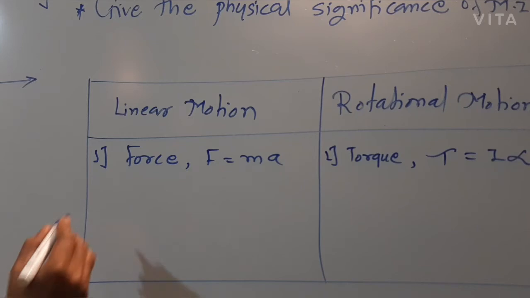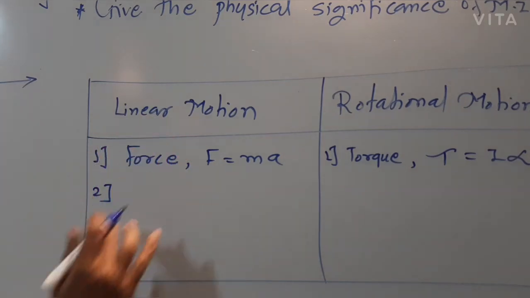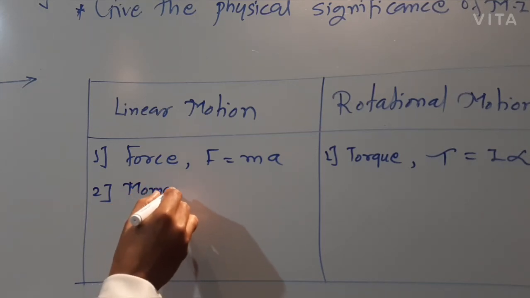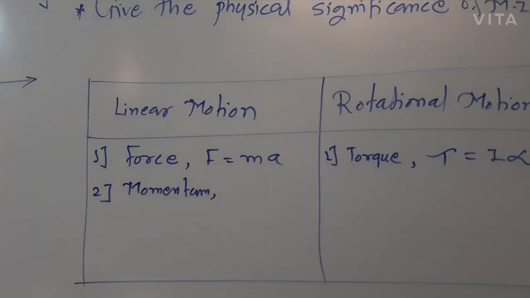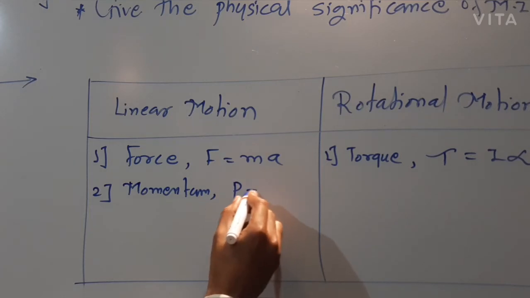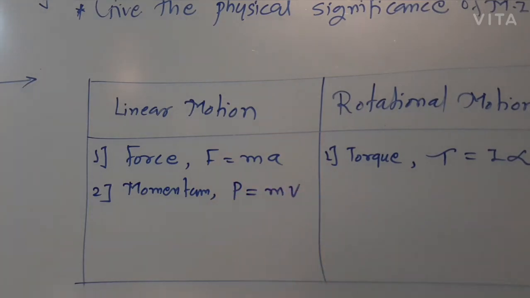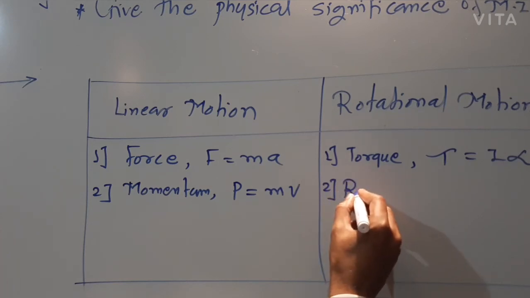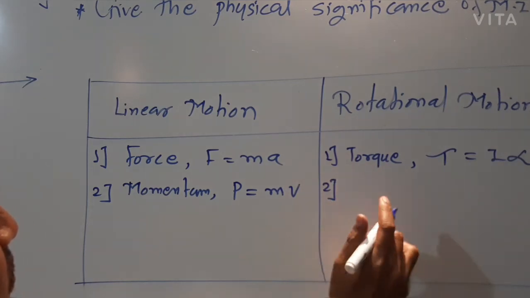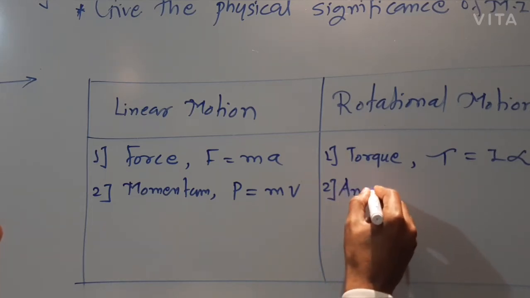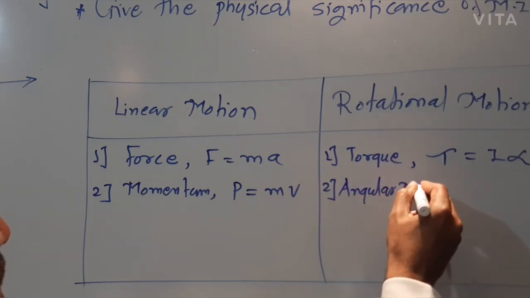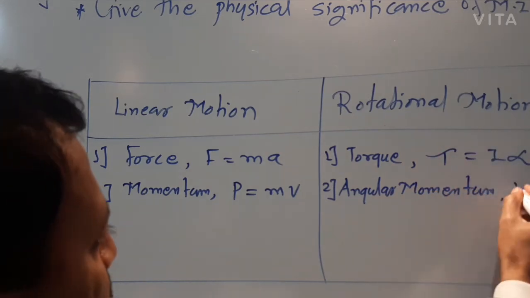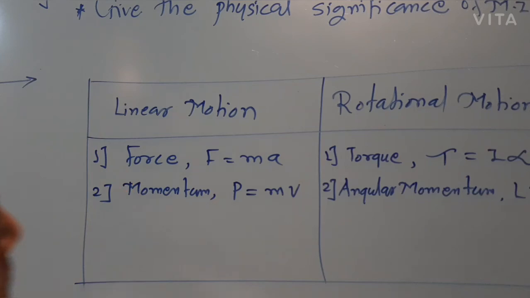Now see the second quantity in linear motion, it is momentum. The linear momentum P is equal to m into v. Here the second quantity is angular momentum, L is equal to I omega.